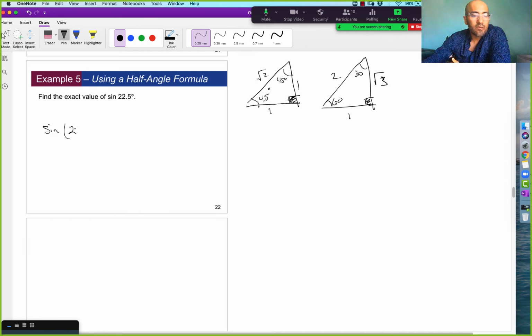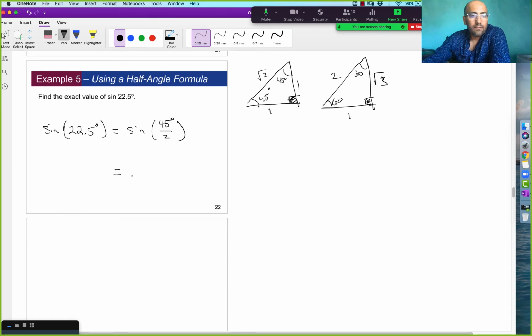So sine of 22.5 degrees. When you get this, you have to recognize that this happens to be half of one of our standard angles. This is equal to sine of 45 degrees divided by 2. That's what 22.5 degrees is.